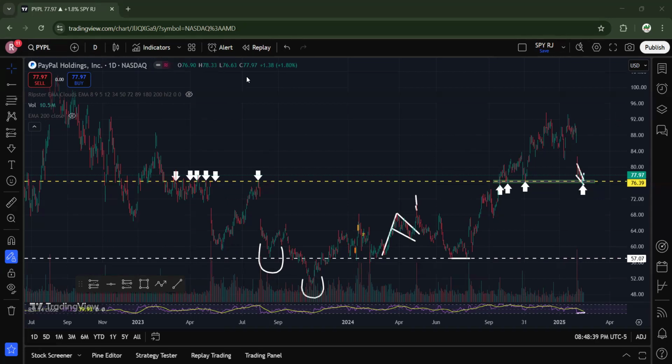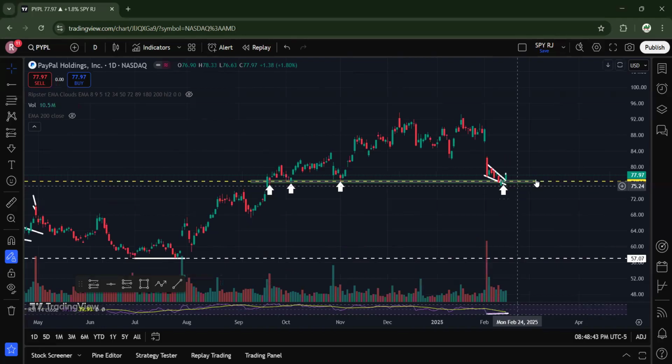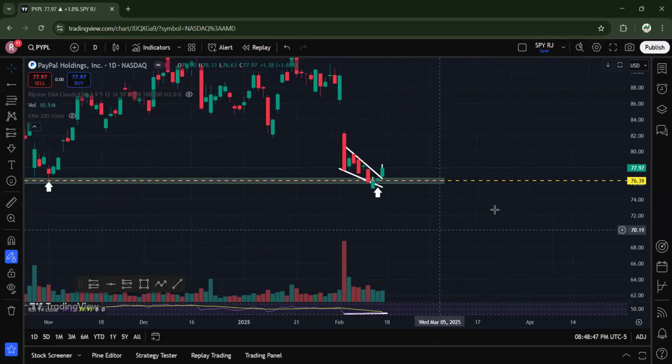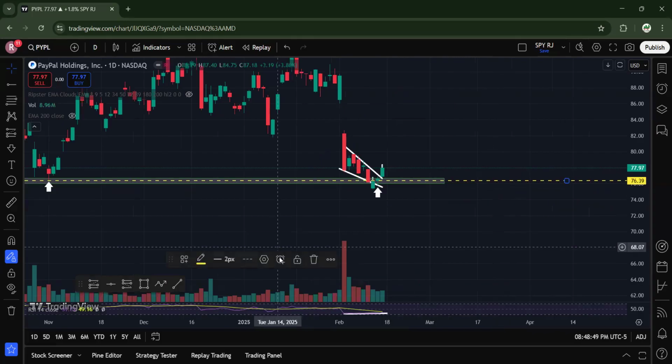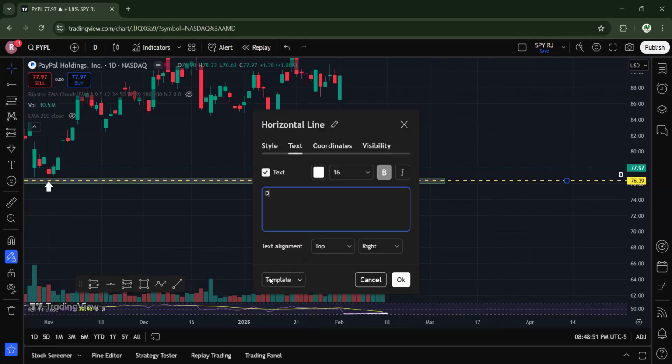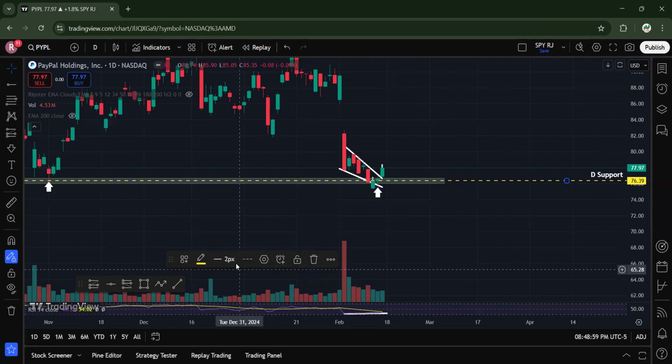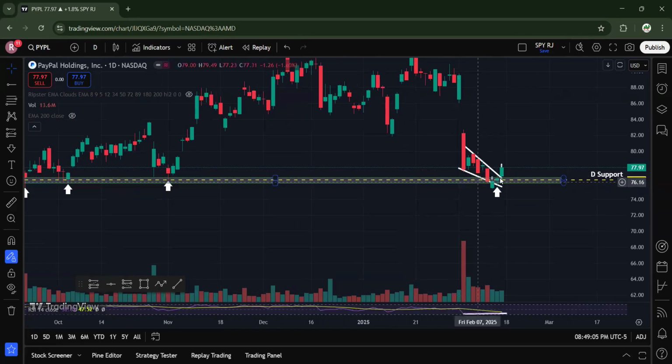And another tip you can do is always label your levels. Because you would not want to be holding... Think about this. This is a daily level of support. Think about if someone was in puts here and they didn't know that this was a daily support level.